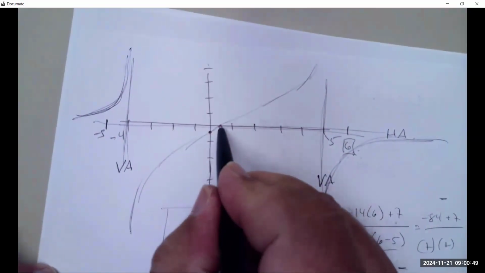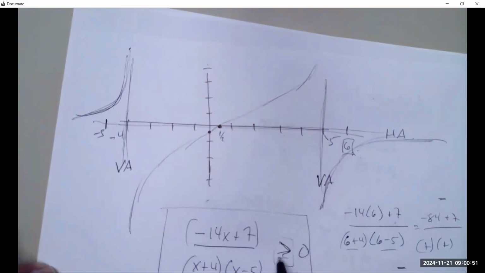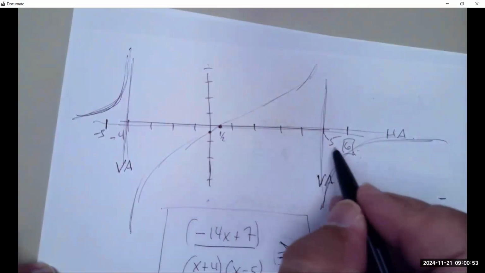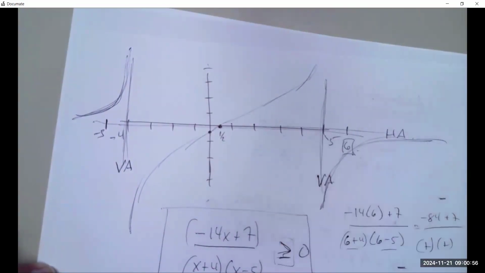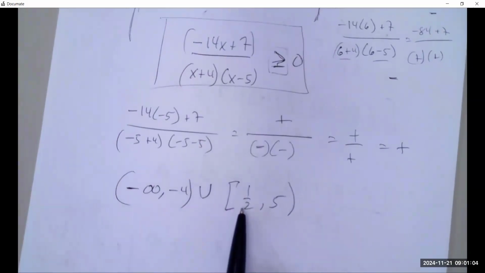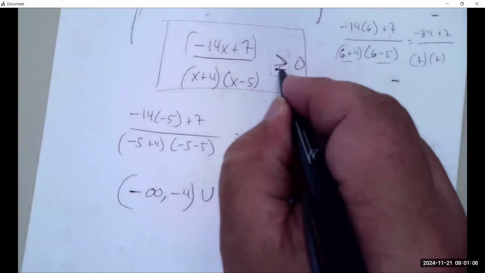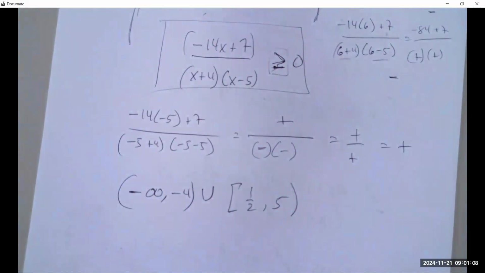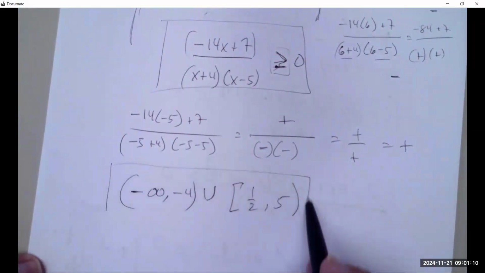So it's above the x-axis or equal to from 1/2 to 5. I can use a bracket on 1/2 because it's my intercept and I have an equal sign. So there's my solution set.